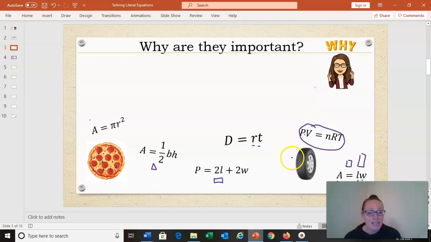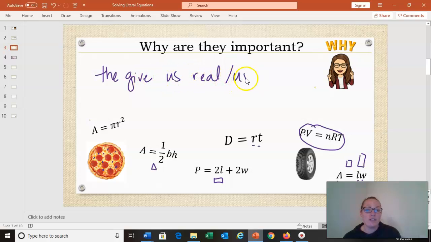And they're very important because I just feel like they're most important because they give us real and useful information. Not to give regular equations a bad rap or anything, I just feel like literal equations are much more helpful. And that's because you can actually rearrange these to solve for the variable that's most important to you in that situation.